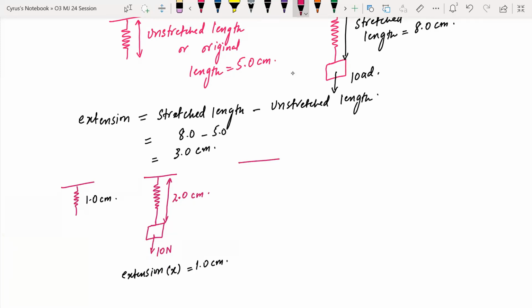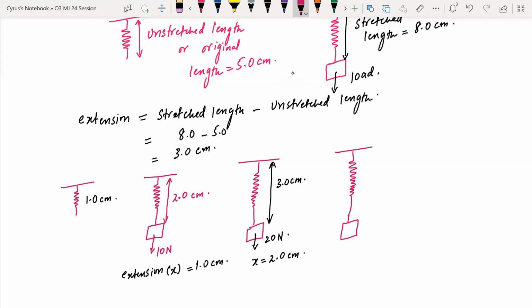If I have another load here, and now this is 3 centimeters. So this is 20 Newton. What is the extension now? 2 centimeters. Then we have another length here. Now it's 30 Newton, right? And let's say the stretch length is 4 centimeters. The extension is 3 centimeters, right?